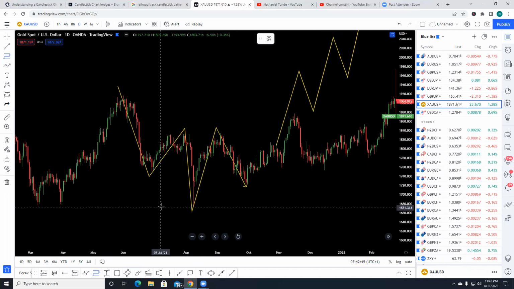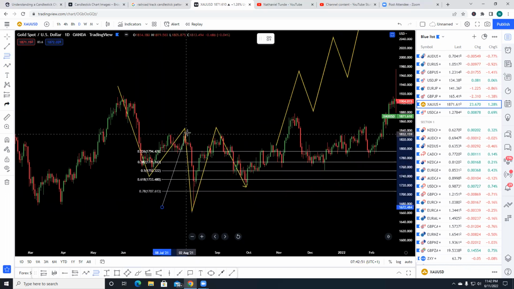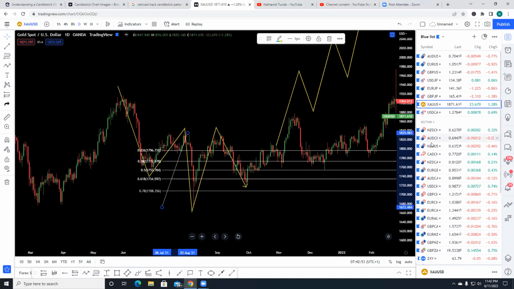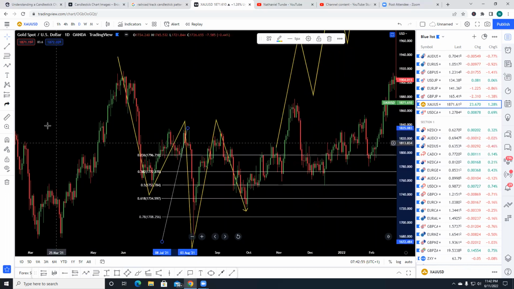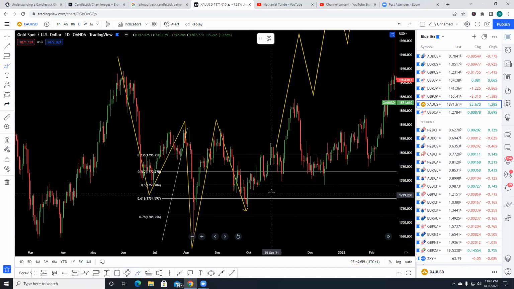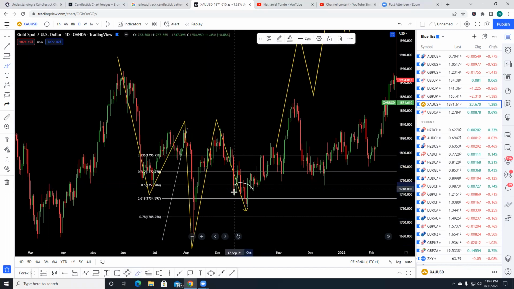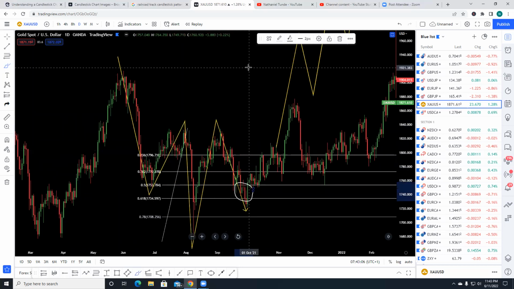Take your fib from this level to this level. You can see that this market right here is at 50 to 61.8. But are you supposed to just click a buy at 50 to 61.8? This is the middle here. This is where you want this retracement to come.